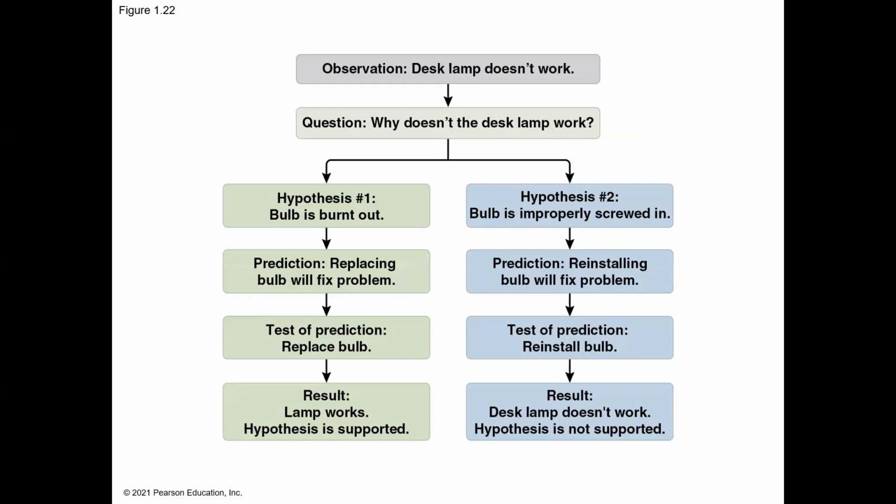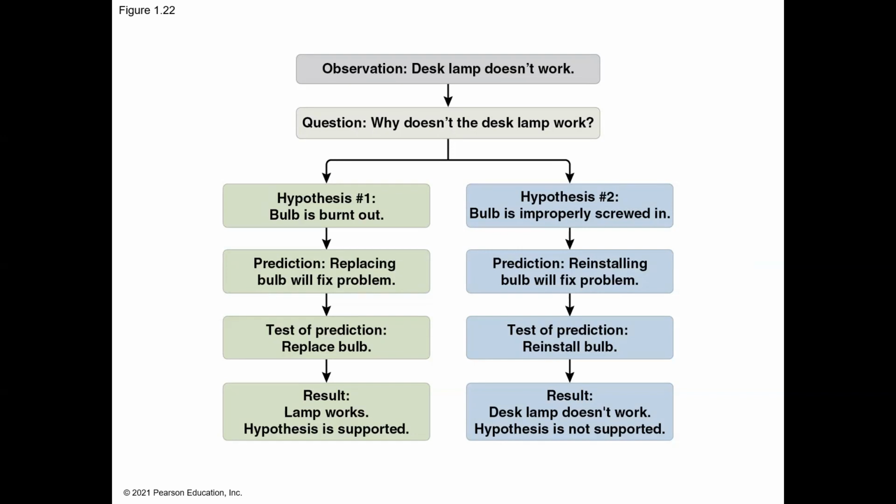But in this example, if we start with our observation that the lamp doesn't work, and we ask the question, why doesn't the lamp work? We can have our hypotheses, and we can have a prediction and a test of the prediction and get results from our experiment. So if the bulb is burnt out, the prediction is if we replace the light bulb, it will fix the problem. The test of the prediction, the experiment, is that you replace the light bulb.